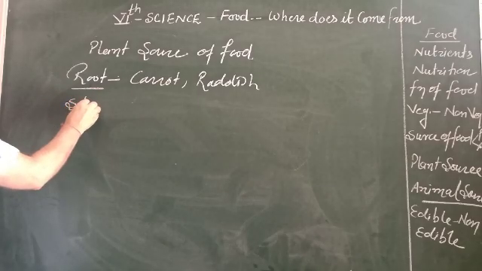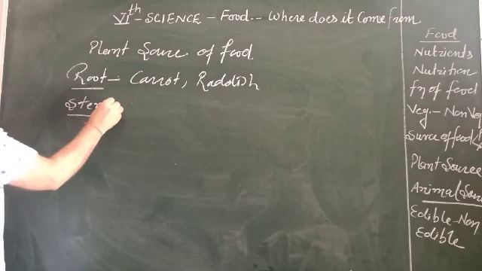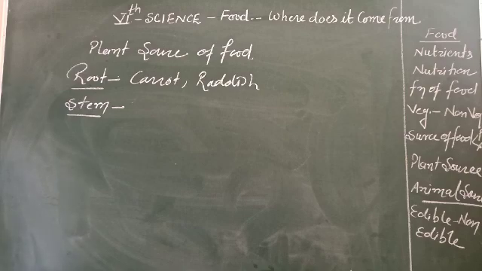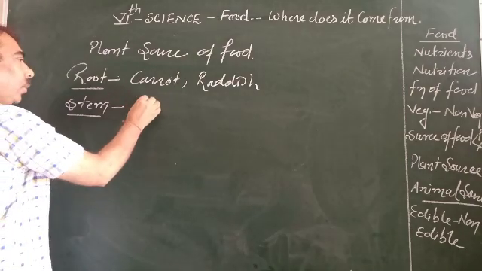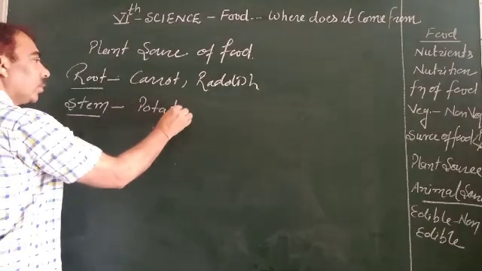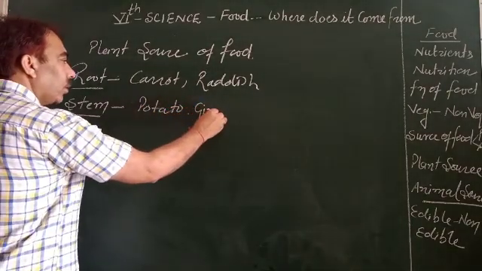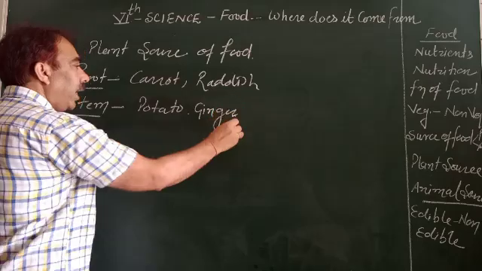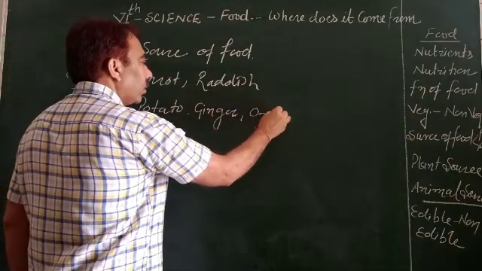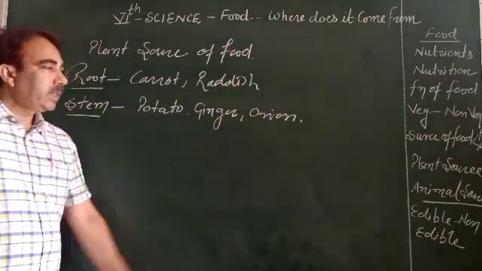The next part of a plant which can be eaten is stem. Stems of potato, ginger and onion can be eaten.